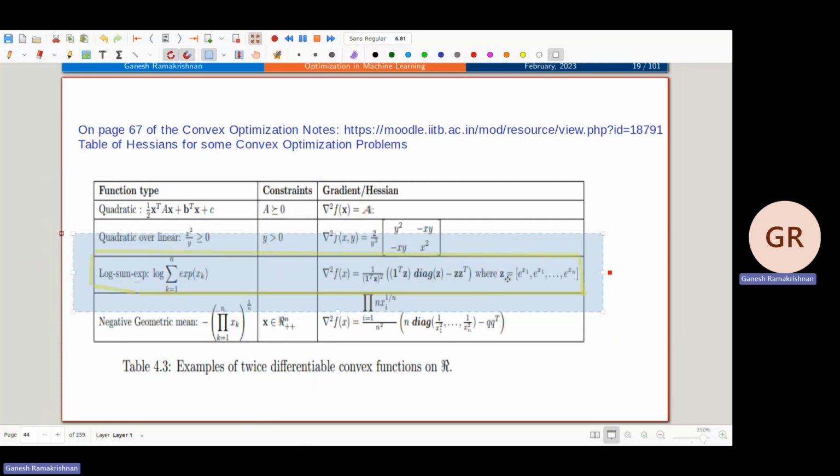You understand, right? So z z transpose will look like this: exp x1, exp x2, and so on, into a row vector exp x1, exp x2, and so on. So you'll have all those cross terms.